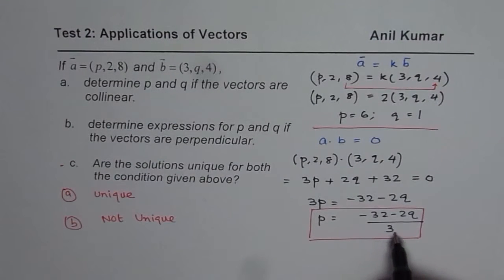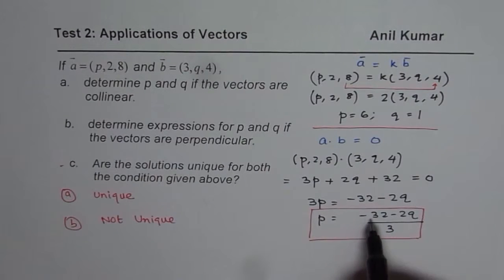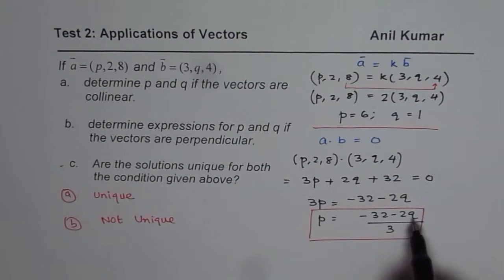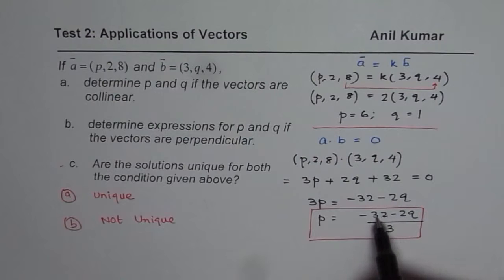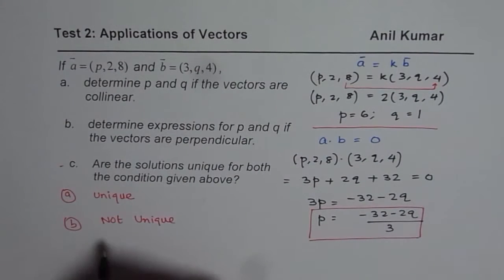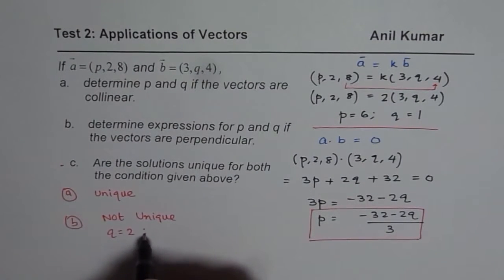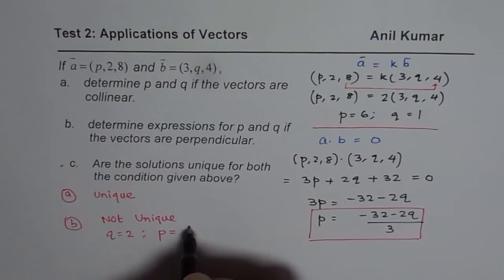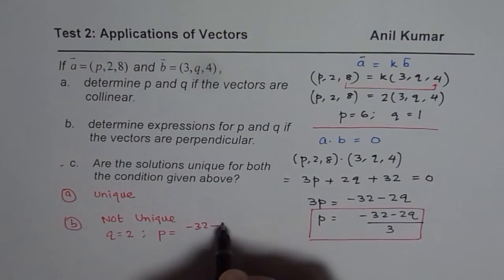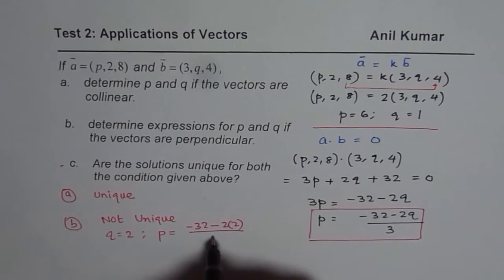Now to divide this by 3, we should have a number so that we get whole numbers. So what we could do is take a value, for example, if I put Q equal to 2, in that case P will be equal to minus (32 plus 2 times 2) divided by 3.